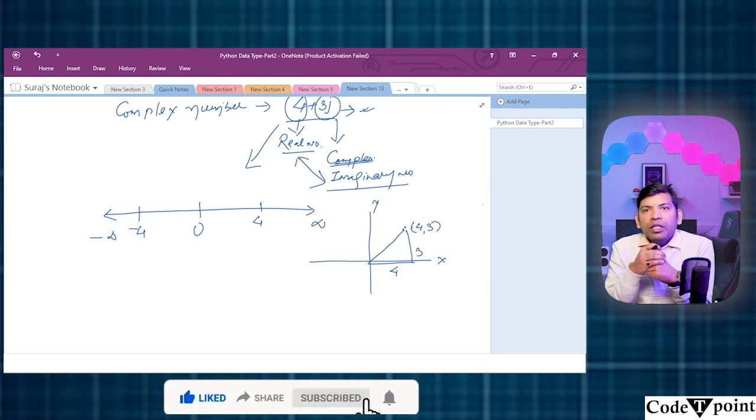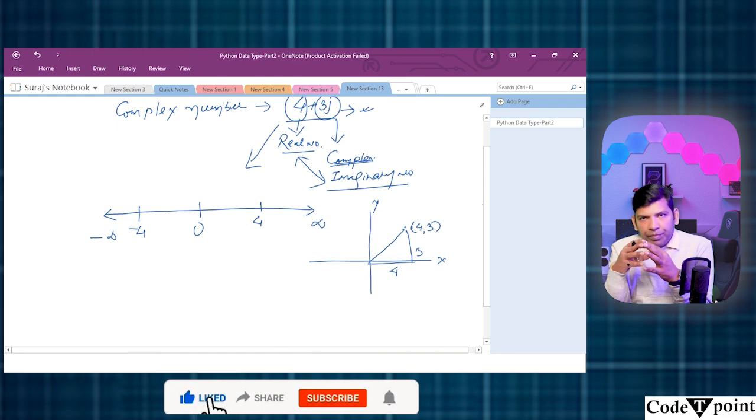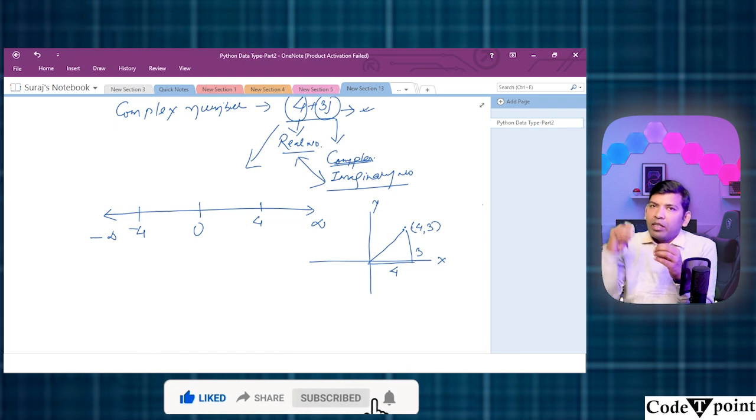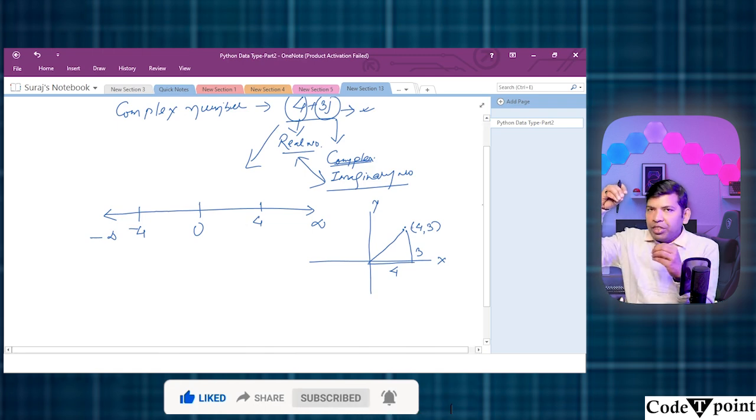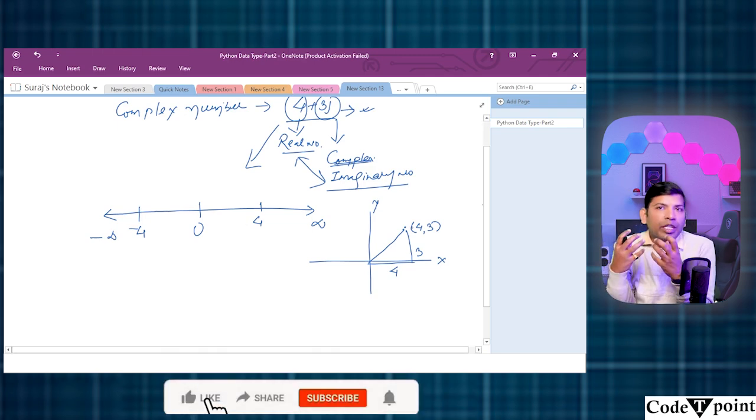So it is difficult to plot that number in any such dimension, and it is difficult to imagine those numbers. And for that reason, we say this is an imaginary number.